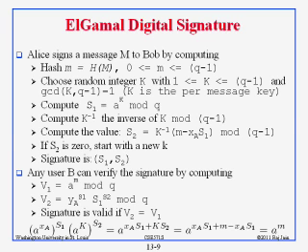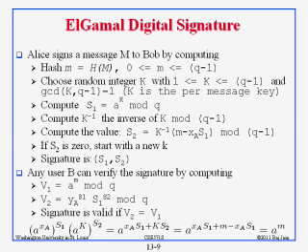All right? So to sign a message, you hash it, and now you generate an integer k, which is a random number. You choose a random number k, which is your message key. It has to be such that it is relatively prime to Q minus 1. Then that is your message key.